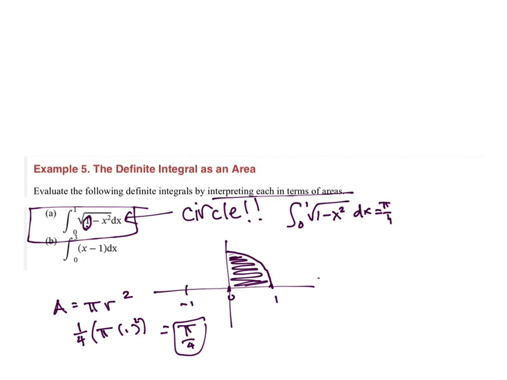Isn't that cute? Do y'all feel great about this? What did you multiply? Oh, that's 1 squared. r squared, r being 1. Yeah? No calculus needed.